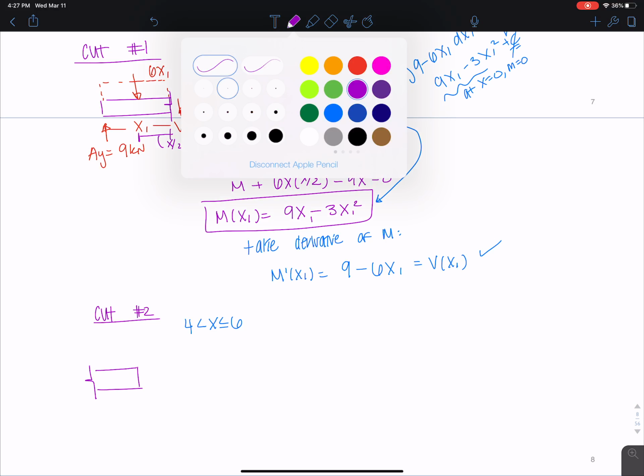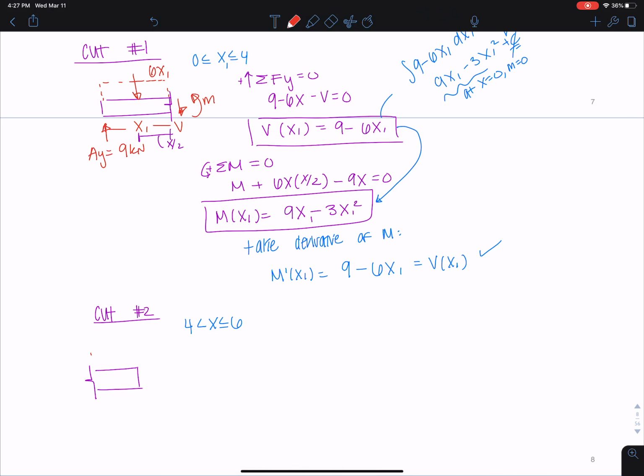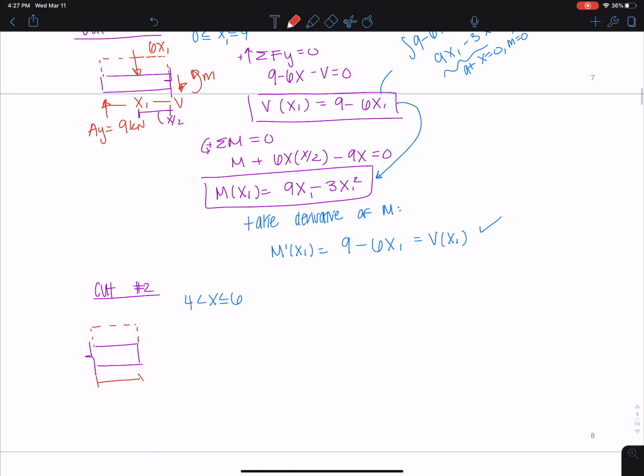It doesn't matter. You can do whichever direction you want as long as you're just keeping track of your equations. Okay, and I'm going to call this x2. And now we've exposed some V and some M. And again, I have this 6x2 right here, okay?